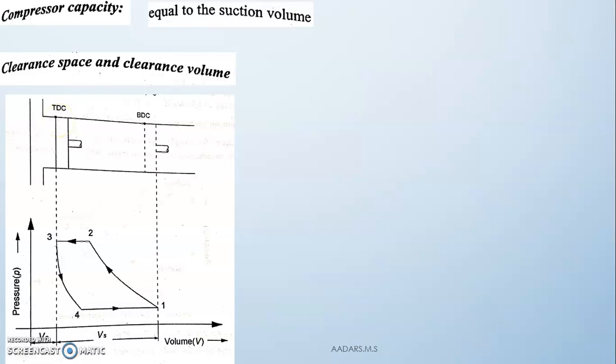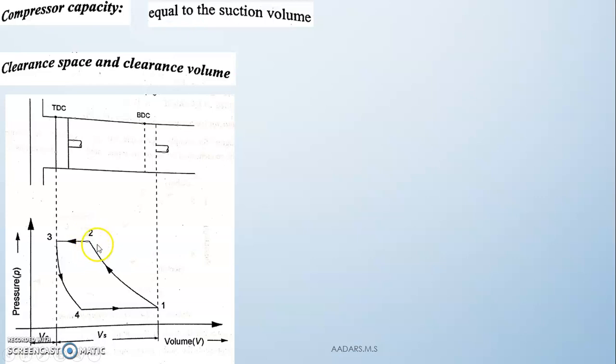So the air inside the cylinder gets compressed. Volume is decreasing, the air is still inside the chamber, not going out of the cylinder, so obviously the pressure will increase. We start from the pressure P1 and it increases to point P2.